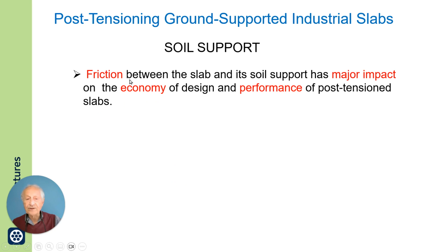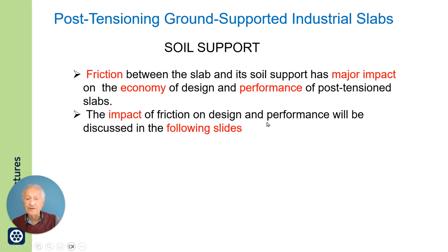Next is the friction. That is very important between the slab and the soil support. It has major impact in the economy of design and its performance, as it will be clarified in the following slides.